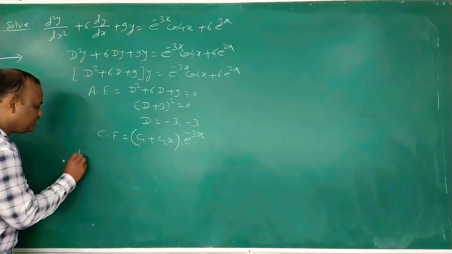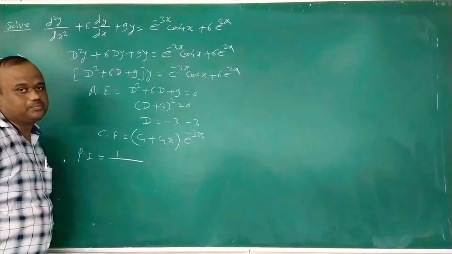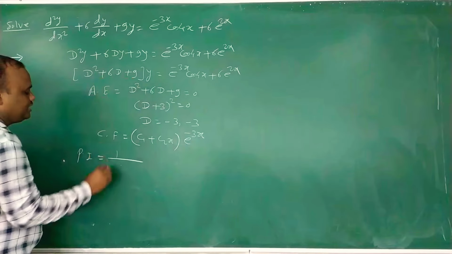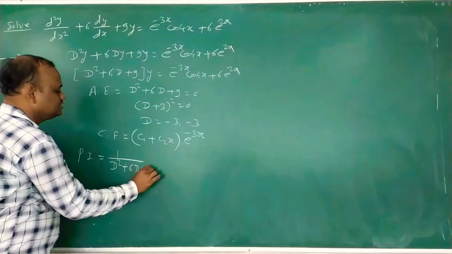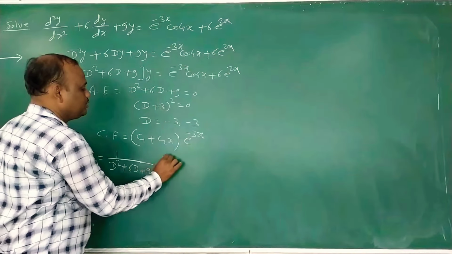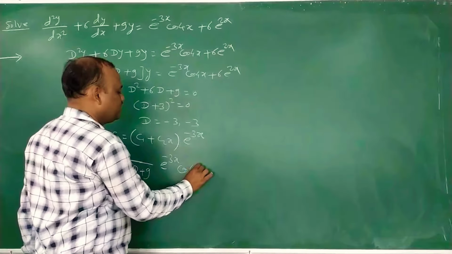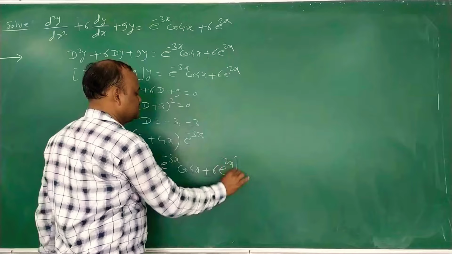Now we want to find the particular integral for the complete solution. We know the formula: PI = 1/φ(D) f(x). What is φ(D)? φ(D) is D² + 6D + 9.